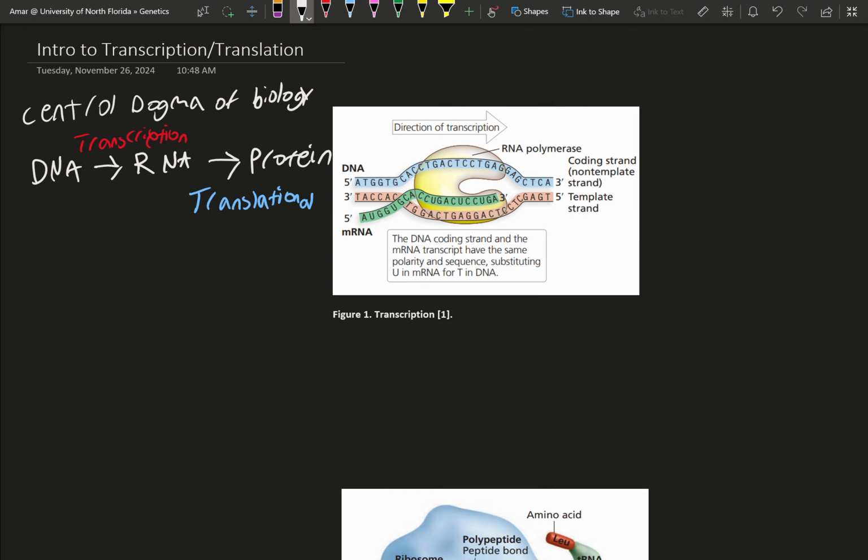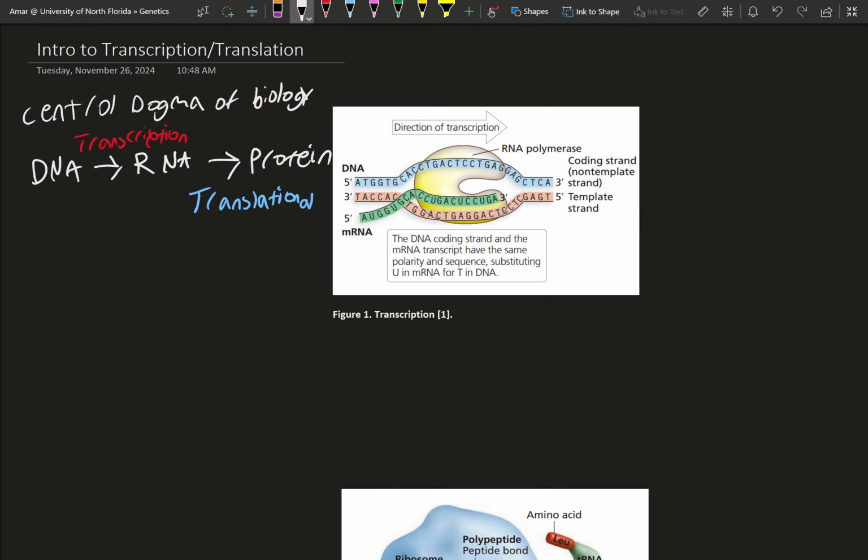If you have a gene that encodes a protein that controls something like flower color, you would first transcribe that gene into RNA, and then this RNA will be interpreted by tRNA in a ribosome in a process called translation to give you a fully functional protein.